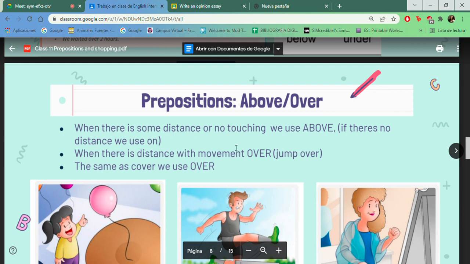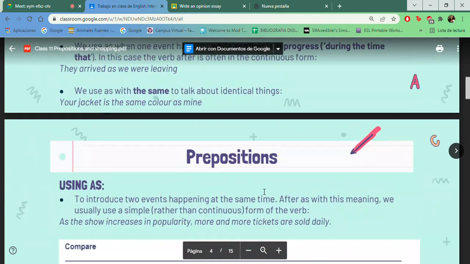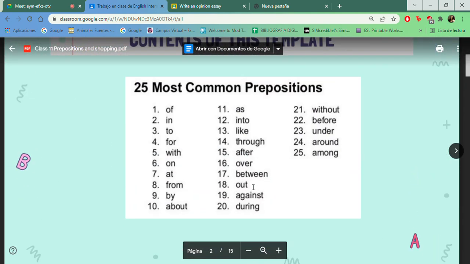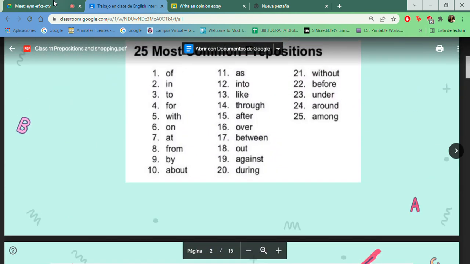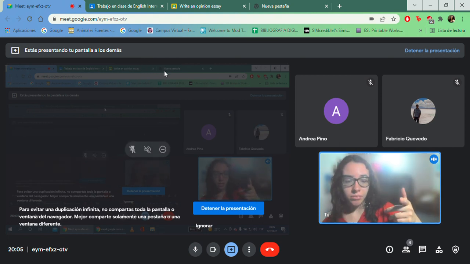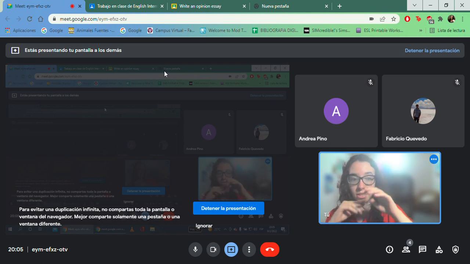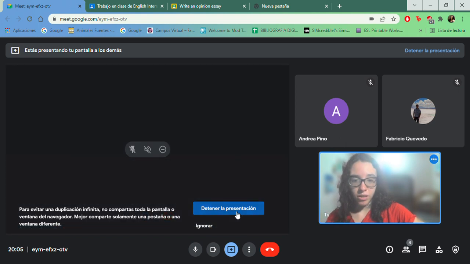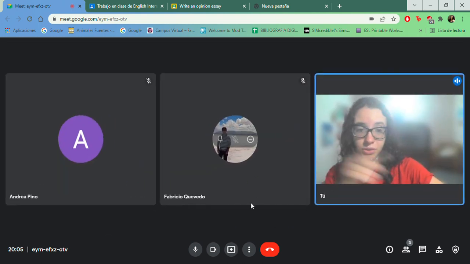There is another preposition of movement besides into and over. We talked about into, to go inside a place, a building or a room, for example. And we talked about over, to jump from one side to the other.